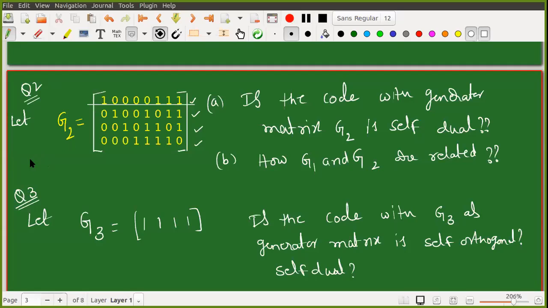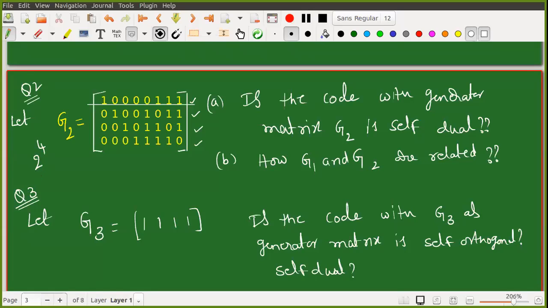So now how is the entire code self-orthogonal? How do you prove it? First, how many vectors are there in the code? 2 raised to 4, because the length has not changed.